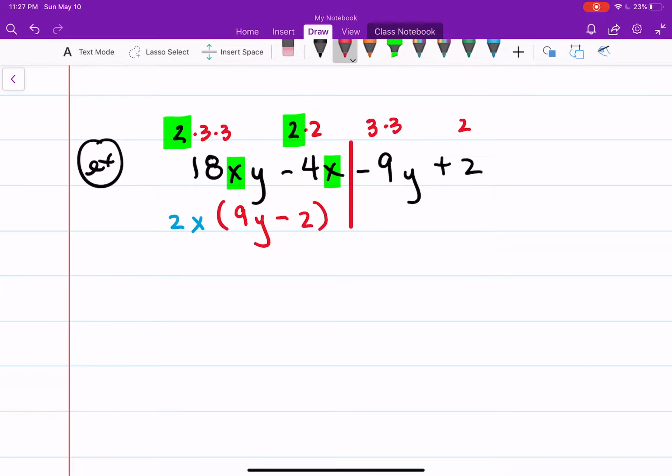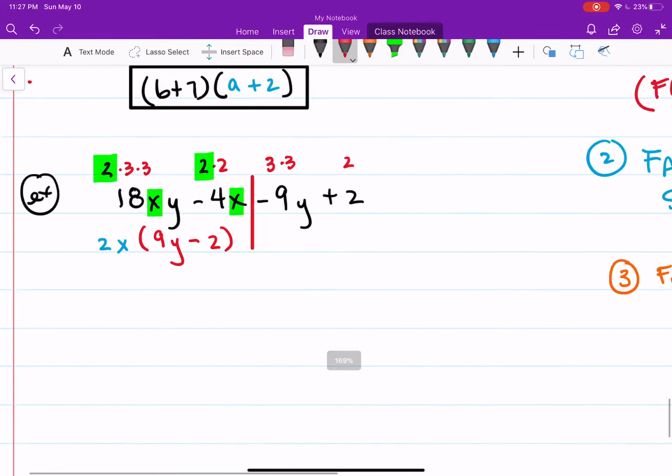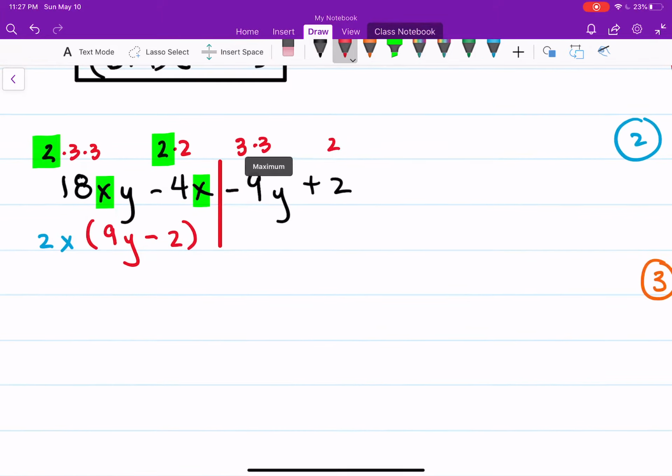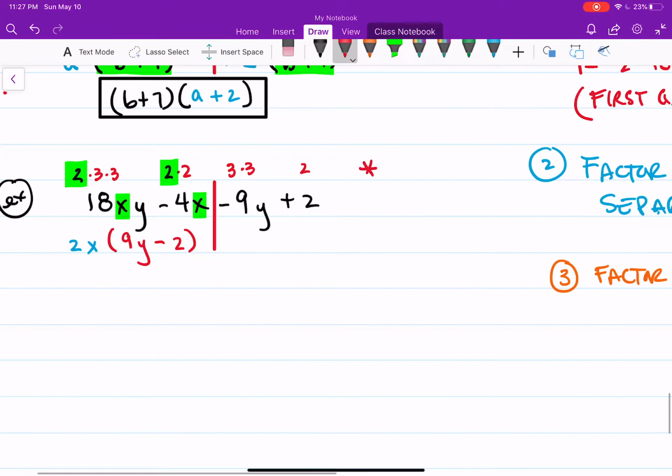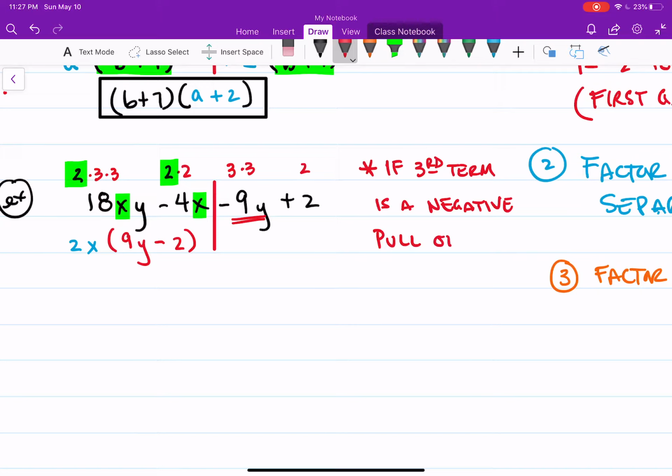Okay? Now, here is an asterisk. If the third term is a negative, which it is, pull out a negative.